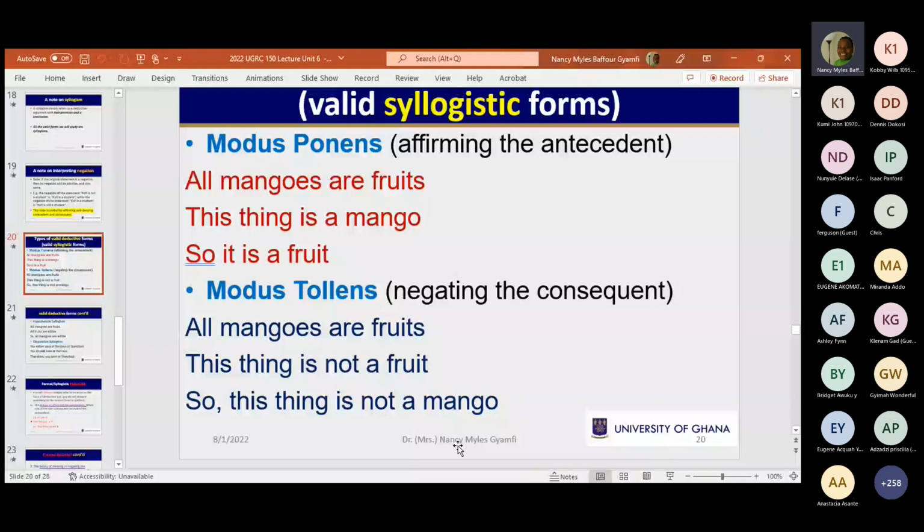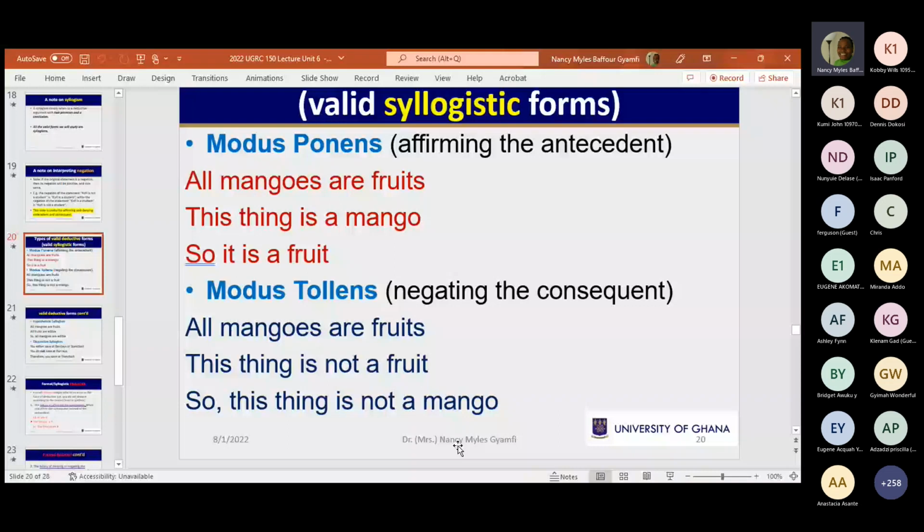Kofi did not study because the original is what? If you study, then you will pass. We say what? Kofi did not pass. We bring our consequent first, and then we negate it. Then we conclude by what? Negating the antecedent. So I say it again so that it's clear. If you study, then you will pass. You are doing modus tollens now.